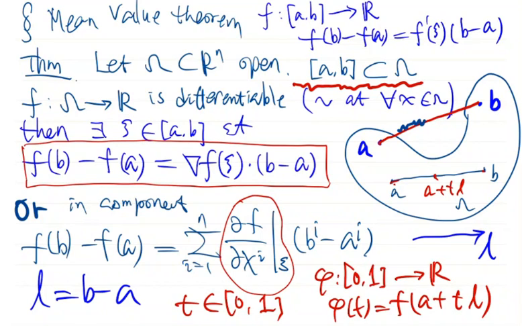The following proof is not applicable to this situation. This is the reason why we need to assume that the segment AB is contained in omega. Now with this idea, we prove this important theorem.